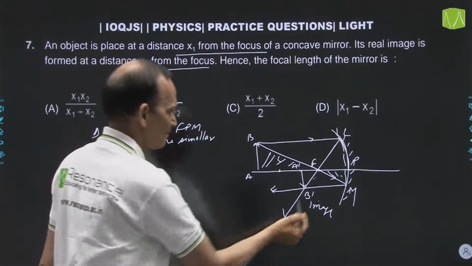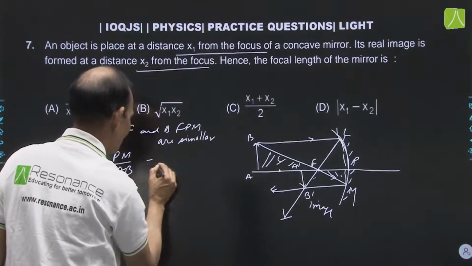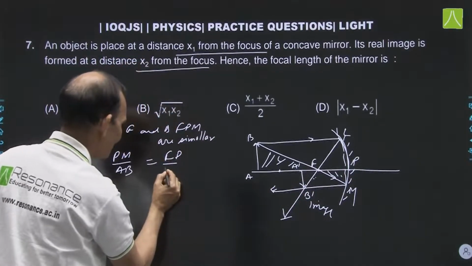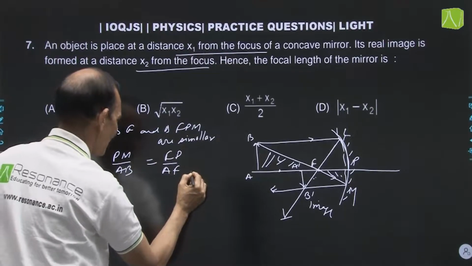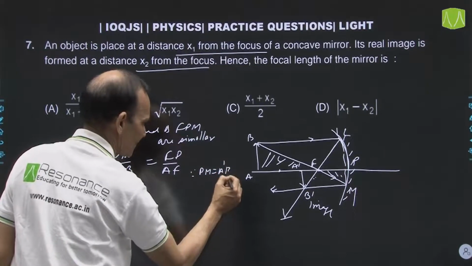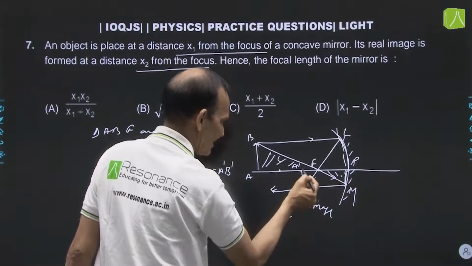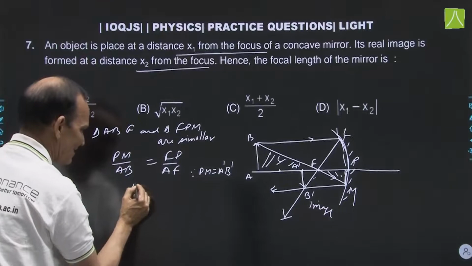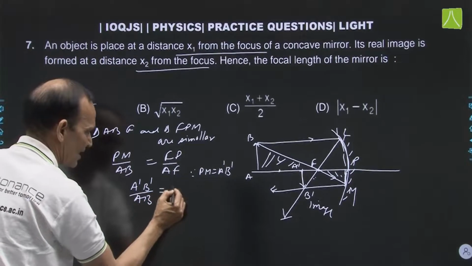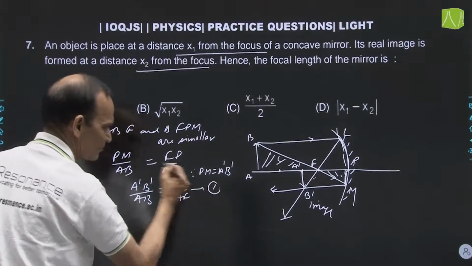In this triangle, PM divided by AB will be equal to FP divided by AF. Because PM is equal to A'B', these are parallel lines, PM and A'B' will be equal. So we can write A'B' divided by AB will be equal to FP divided by AF. This is number 1.